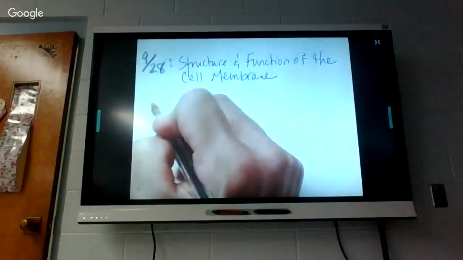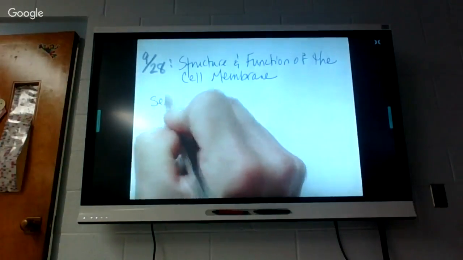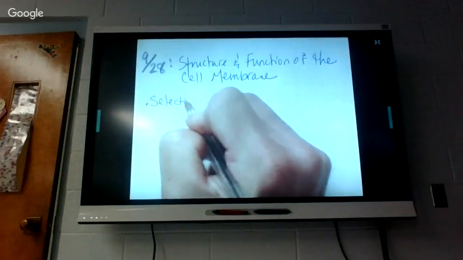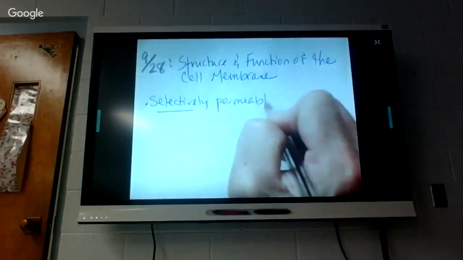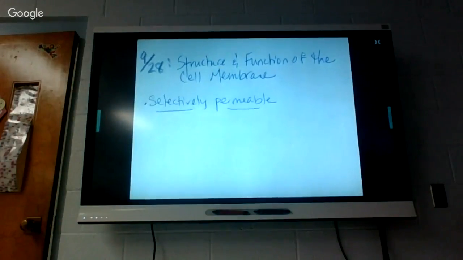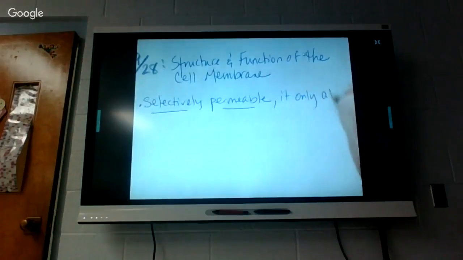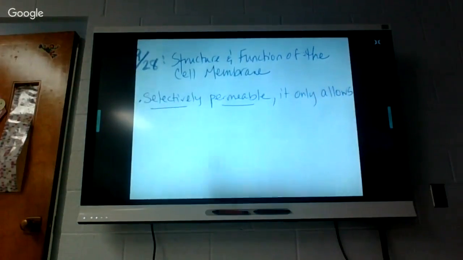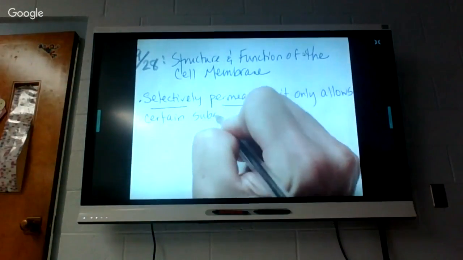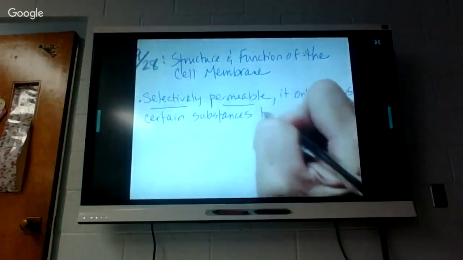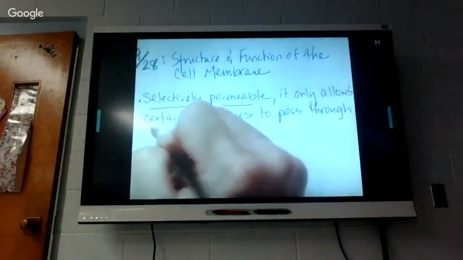Okay, so the first thing is with the cell membrane, we're going to say that it is selectively permeable. We've been in school for a month now. Meaning it only allows certain substances to pass through, and that's in or out.